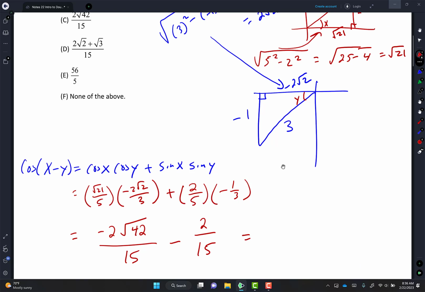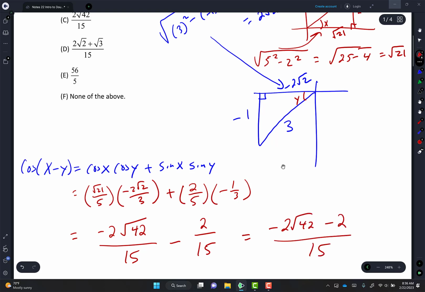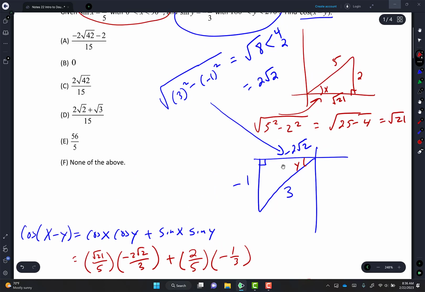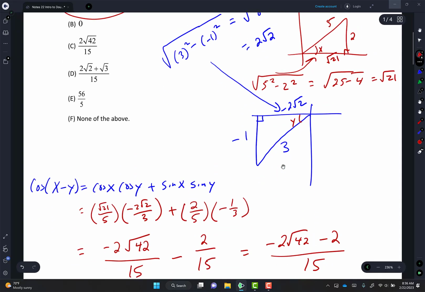Positive times the negative. Now we just combine because the denominators are the same: negative 2 square root of 42 minus 2, all over 15. Can we do that? We can do that, right, guys?